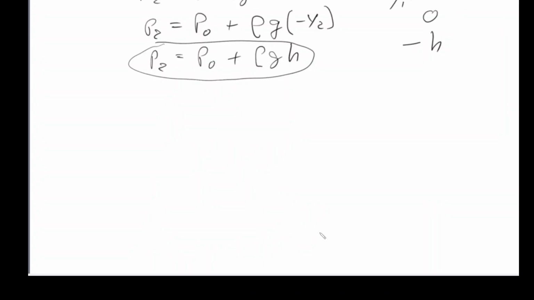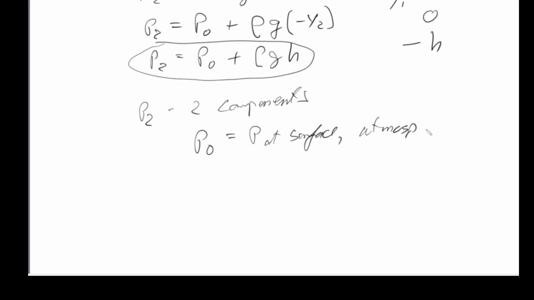Now notice that your pressure, P2 at a depth, has two components. It's made up of P0, which is the pressure at the surface, or atmospheric pressure, and rho g h, which is the pressure due to the weight of the water above you, and that is called the gauge pressure.